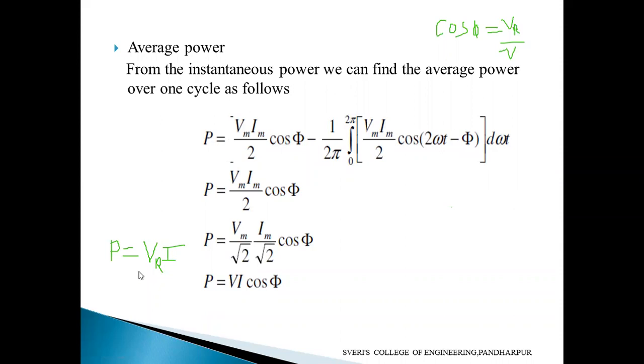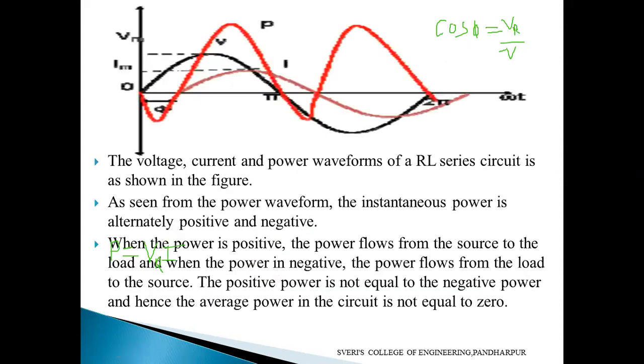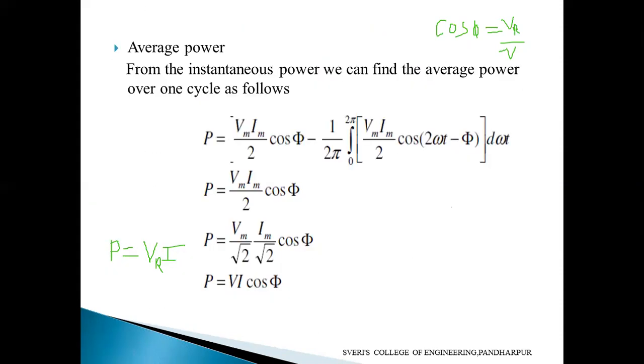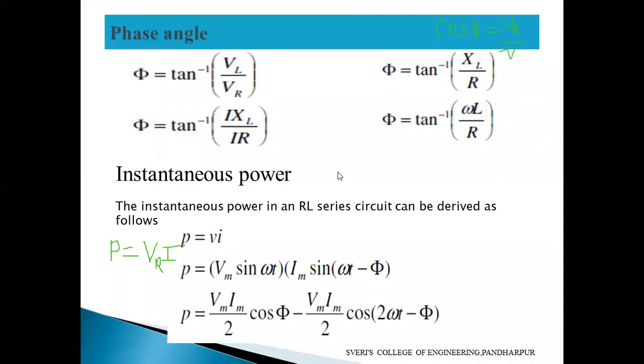The average power of resistance is VRI. From the phasor diagram, cos phi equal to VR by V; substituting this, we get the answer directly. So this is another method instead of derivation. I have already explained this one. Up to here you have taken.